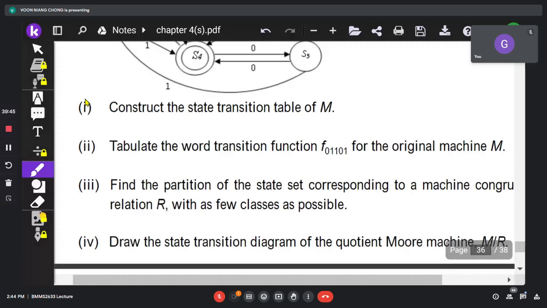Then what happens after input A and B? S0 after input A becomes S1. S1 is in the class of S0, right? So this is S0. S4 is in the class S4. So we have S0 and S4 for S0. Then for S3, we have 0 and 4.